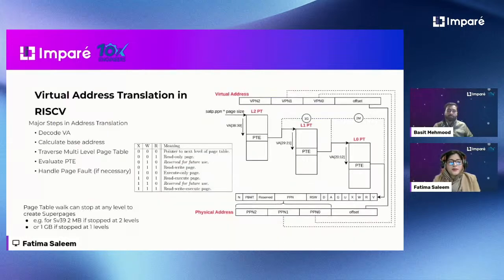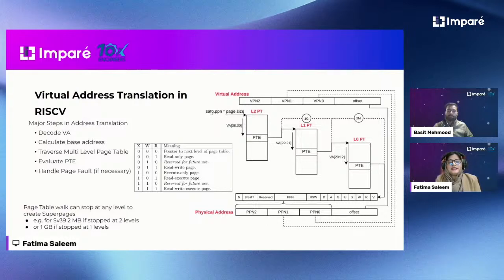So now let's talk about the actual process of translation, the major steps. We have talked about the page tables and entries. Now let's walk through the process of translating the virtual address. We need to start from somewhere, right? The SATP CSR provides us with the base address of the first level.